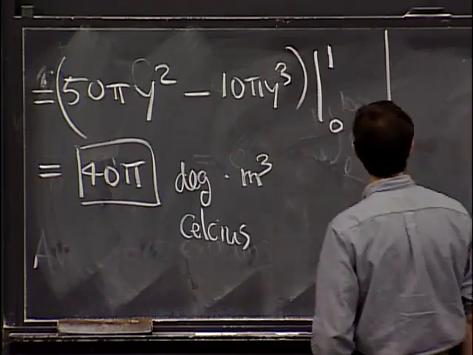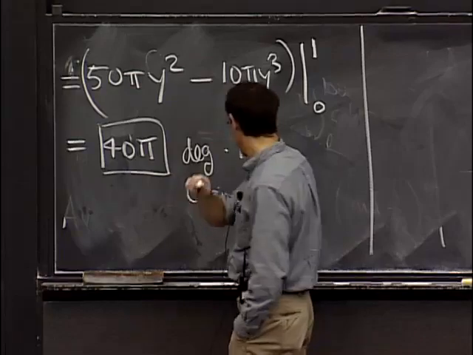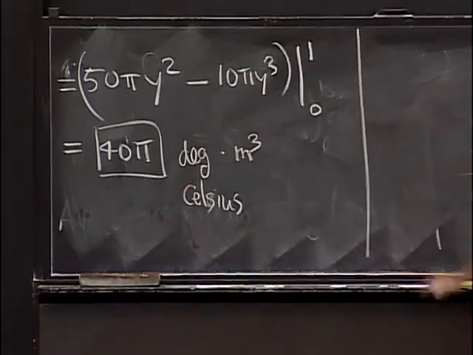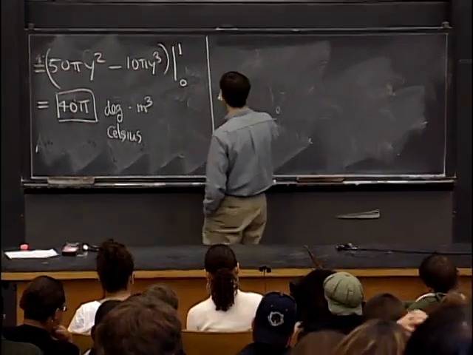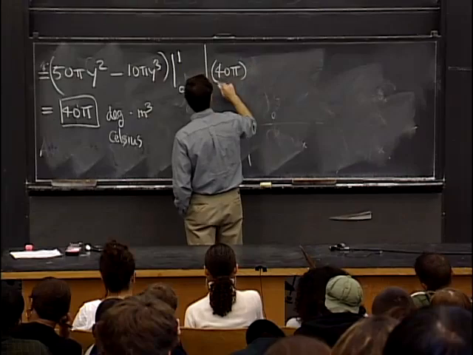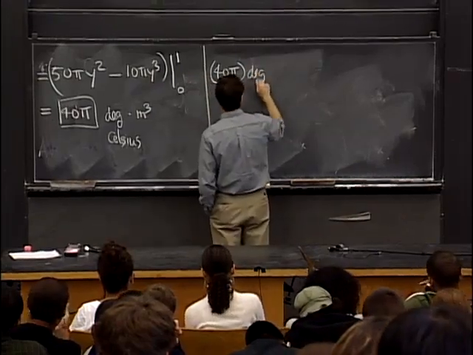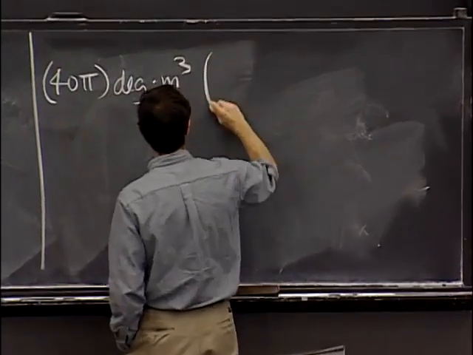And now I can translate this into Celsius, which is spelled with a C. There, that's interesting. I can translate this into units that you're more familiar with. So let's try 40 pi degrees times meters cubed, and then do the conversion factors.